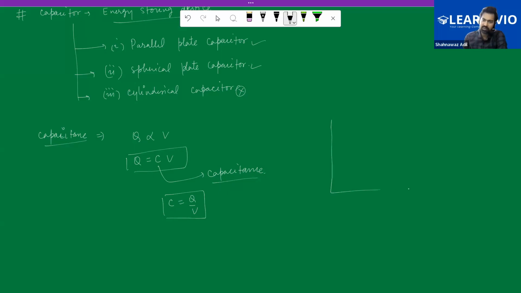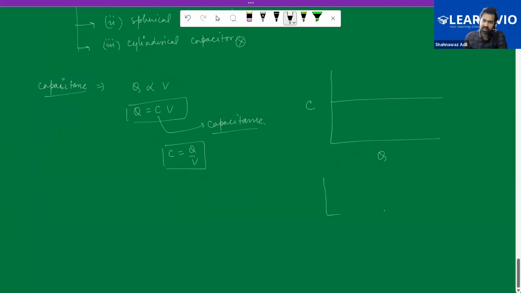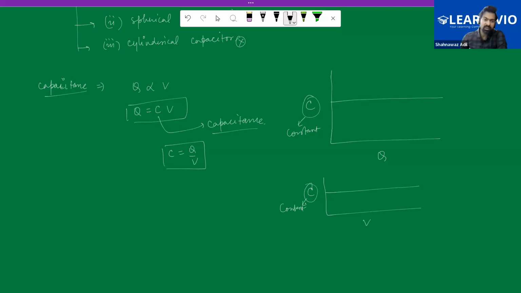If we increase Q, the capacitance would be the same. If we also increase the voltage, the capacitance will be the same, right? So this is a constant quantity, a proportionality constant, because the charge is directly proportional to the voltage applied.